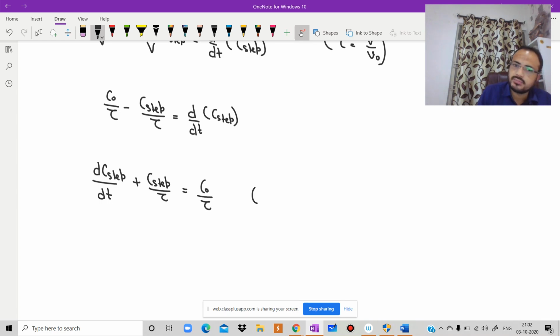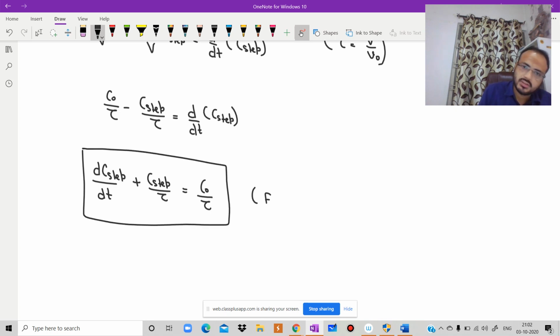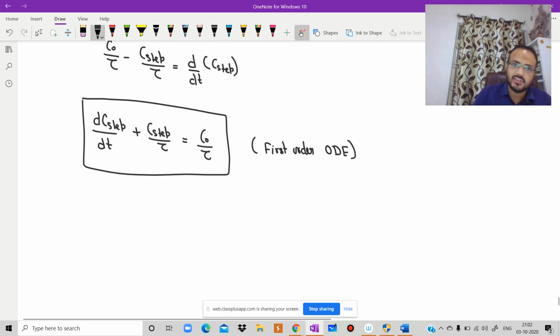And it is the standard form of a first order ordinary differential equation.